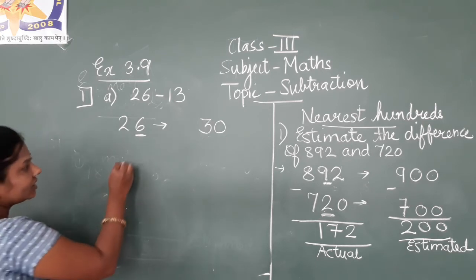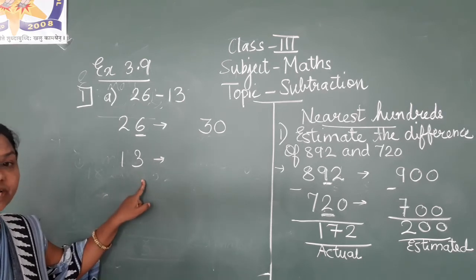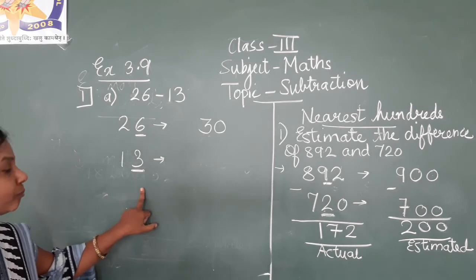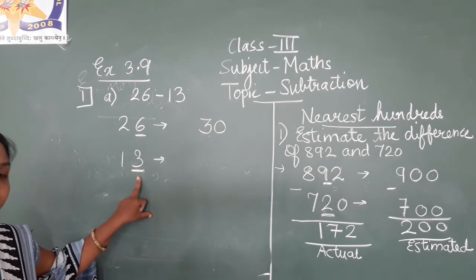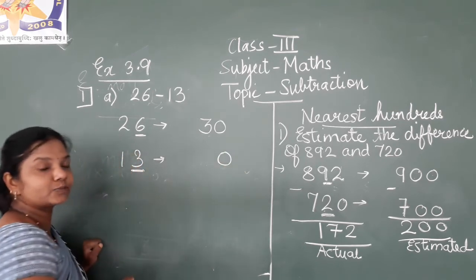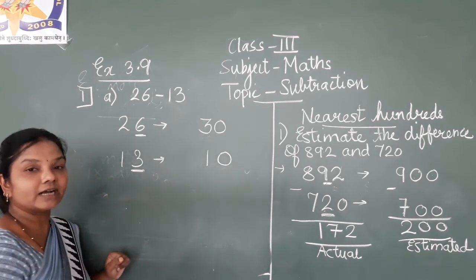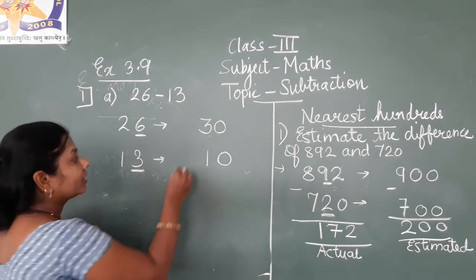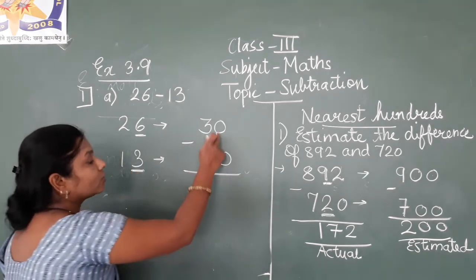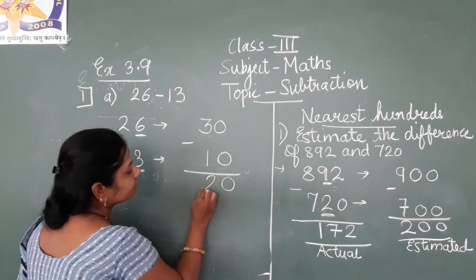Okay. Now the second number, 13. Again, check the digit at ones place. It is 3. 3 is in which group? It is in first group. If it is in first group, write down 0 at its place and the tens digit as it is. It becomes 10. Now subtract. Yes. 0 minus 0, 0. 3 minus 1, it is 2.